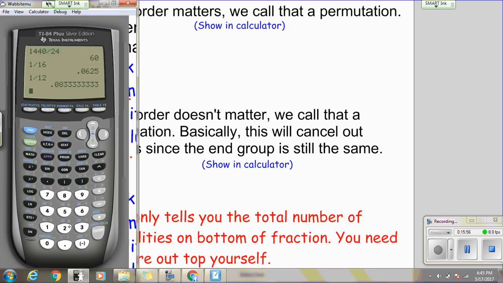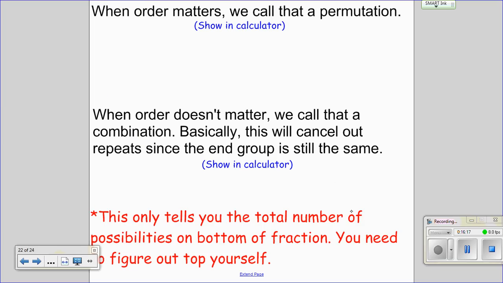So let's say I want to pick 5. Hold on, clear. I'll come back to this. I need more practice with these calculators. They're different than the ones I'm used to. So we'll be back. But that's how you find the permutation, and then the combination one was just right underneath that. We'll practice with those in class.